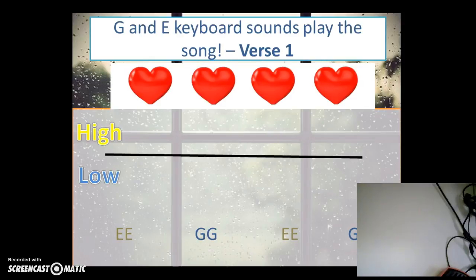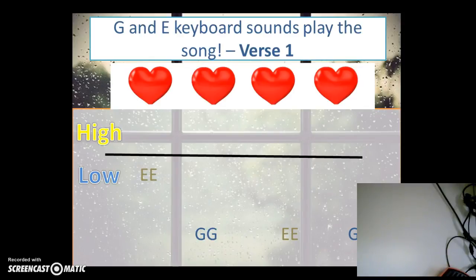So E is low, G is high. All right, so we also want to look at the number of sounds. So this first one I'll help you with. We have E, E for pitter, because pitter is a low sound, and E is a low sound, so they all match. So that's going to go below the line.